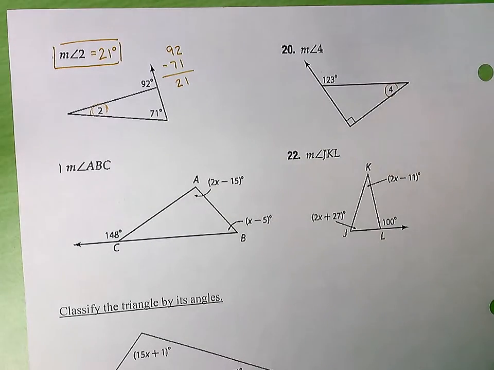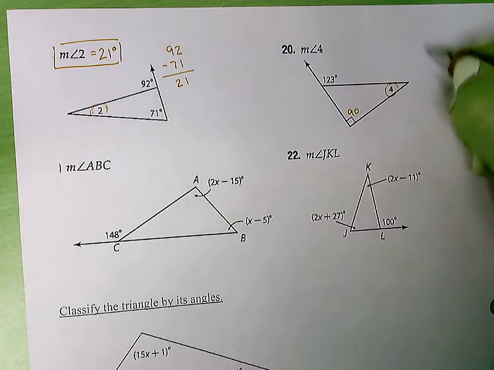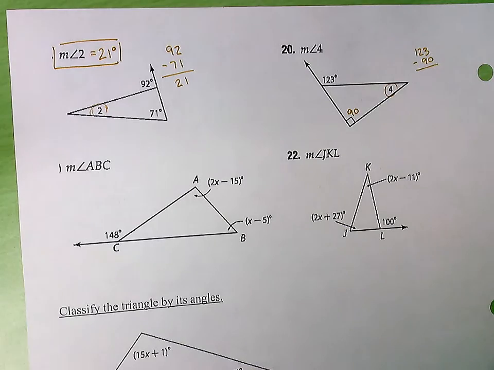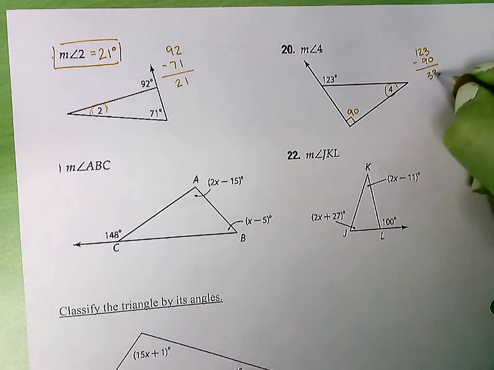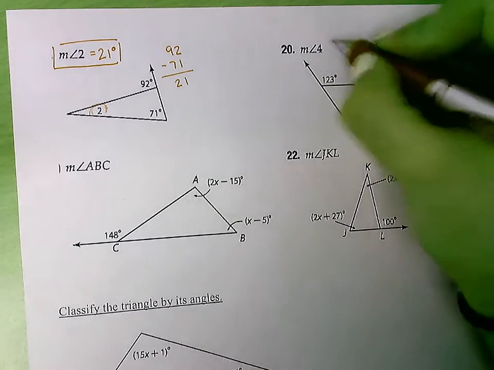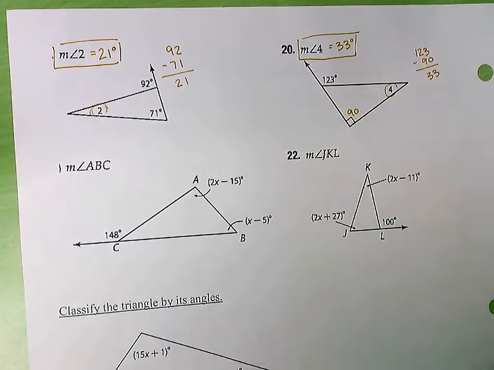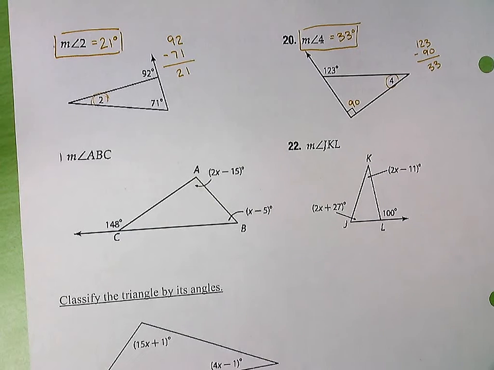Angle 4 is a remote interior. This angle is 90. So you can take 123, subtract 90 to get 33. So the measure of angle 4 should have been 33 degrees. Okay, questions?